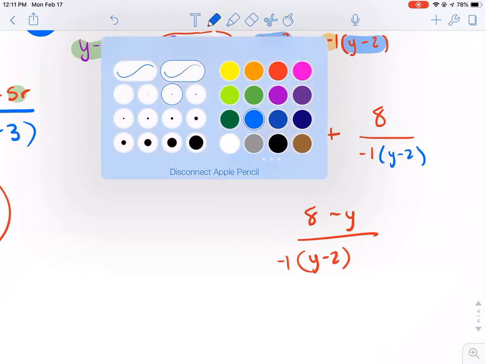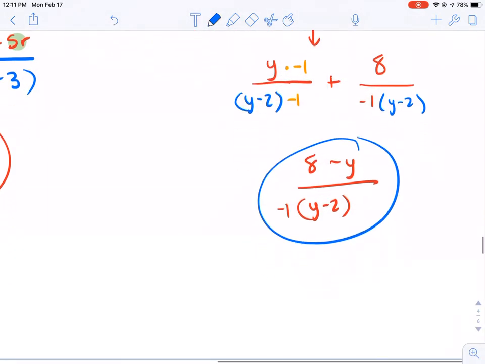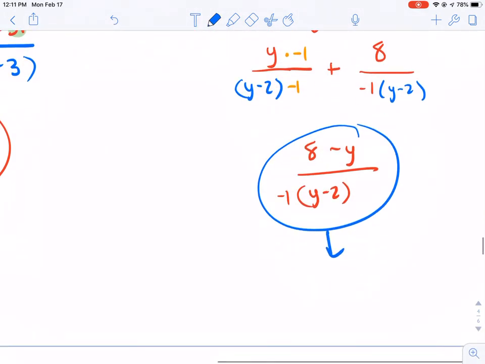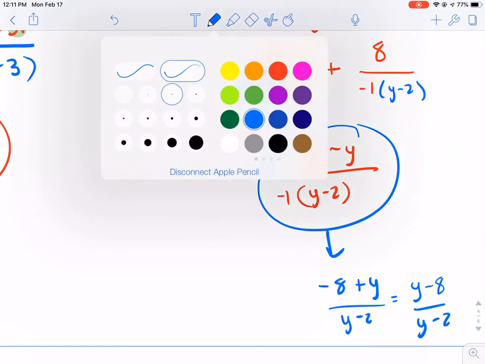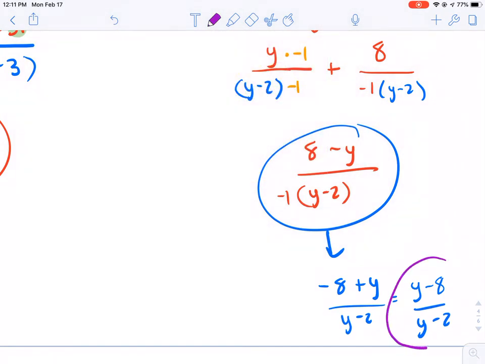Technically this is good, okay, but I'm kind of just more of an organizational person, so I'm going to move this to the top and call this a negative 8 plus y over y minus 2. That's the same value, and then I'm going to rearrange it to get y minus 8 over y minus 2. Okay, so that would be my final answer.